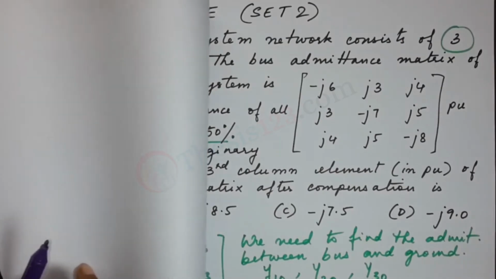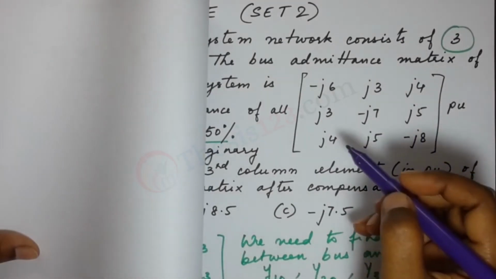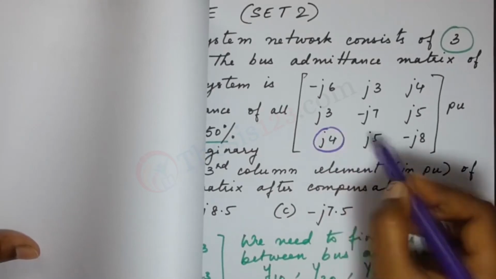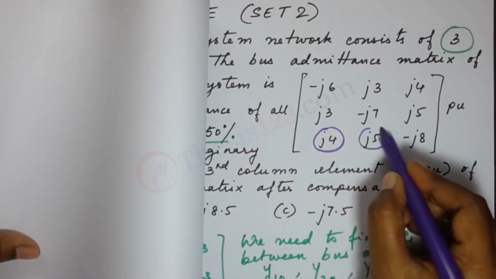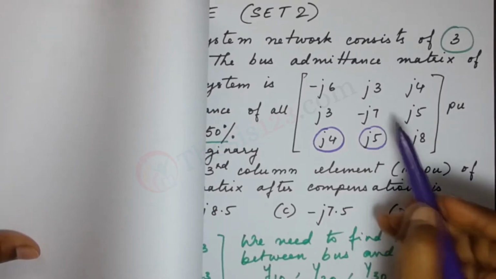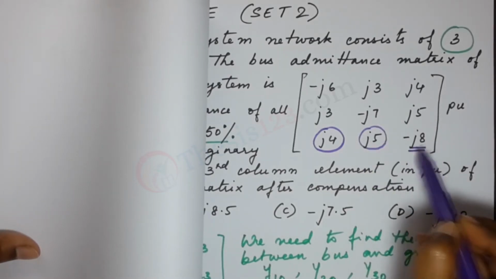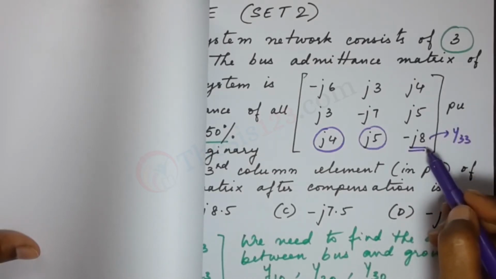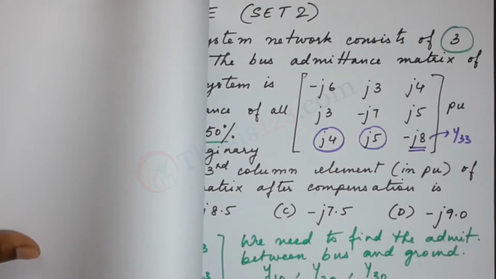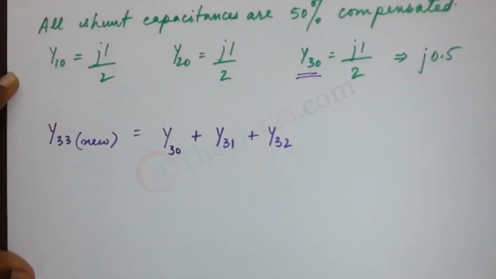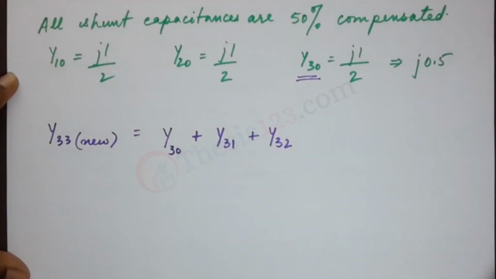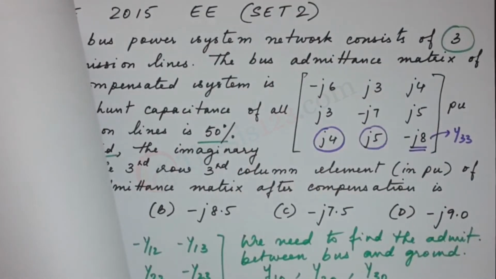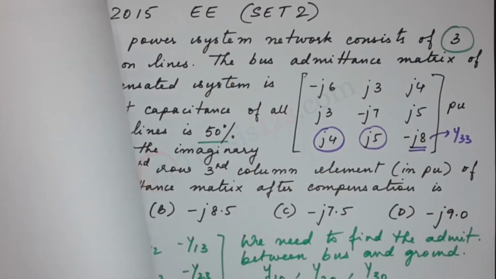So from the matrix given here, Y31 and Y32 are added to Y30 because we are finding the new element of Y33. This is Y33 old. We are finding out what is Y33 new, the new value. So we add Y30 of what we have just found to the two values here, J4 and J5.